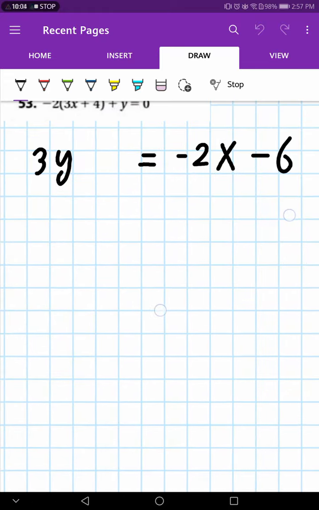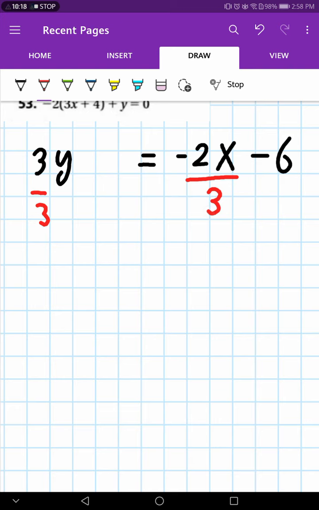No, we have to divide by 3 at the left side. Ayman said the y is not alone and happy, so we need to divide by 3 at the left side and divide by 3 here. Each term must be divided by 3. Be careful, this is very important.